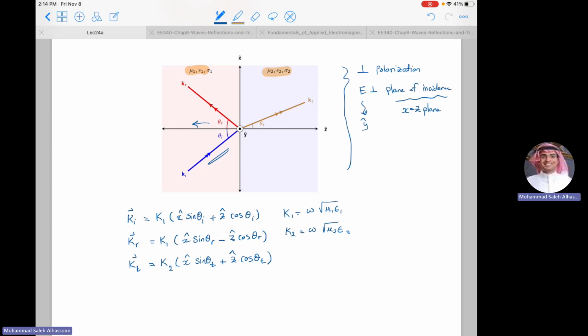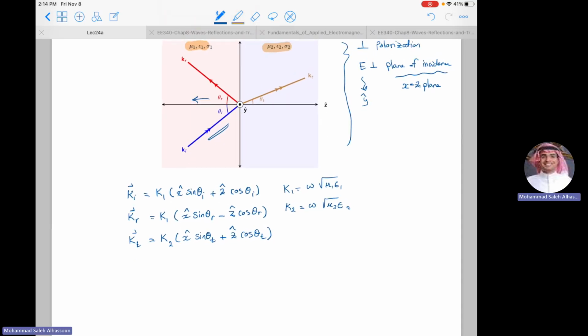At the end of the day, we related the amplitude of the incident wave to the amplitude of the reflected wave using the Fresnel coefficients. The reflection coefficient is eta 2 cosine theta incidence minus eta 1 cosine theta transmitted, divided by their summation.